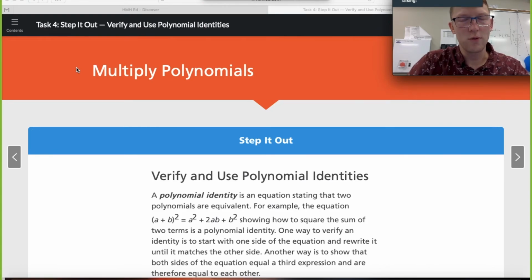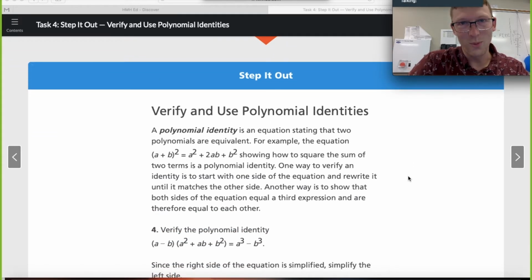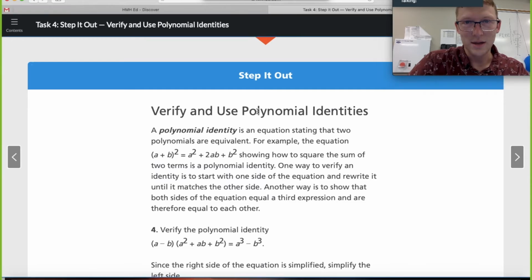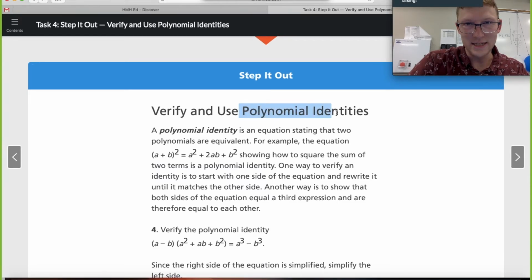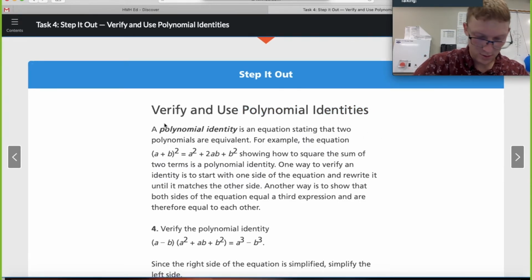Okay, so now that we've used the multiplication of polynomials, now we can get into some proofs. This is good stuff. So we are looking at polynomial identities. A polynomial identity, gee, it's bolded. Maybe that's something we should remember.